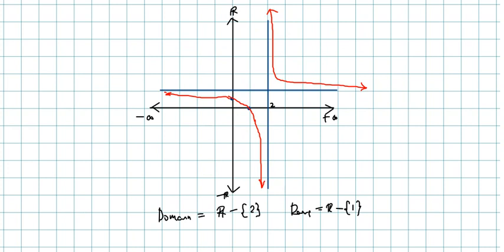Now let us check the bijectivity. To check the bijectivity, the first thing we should do is check the horizontal line test. You can see for every x there is a unique y within that range, right?